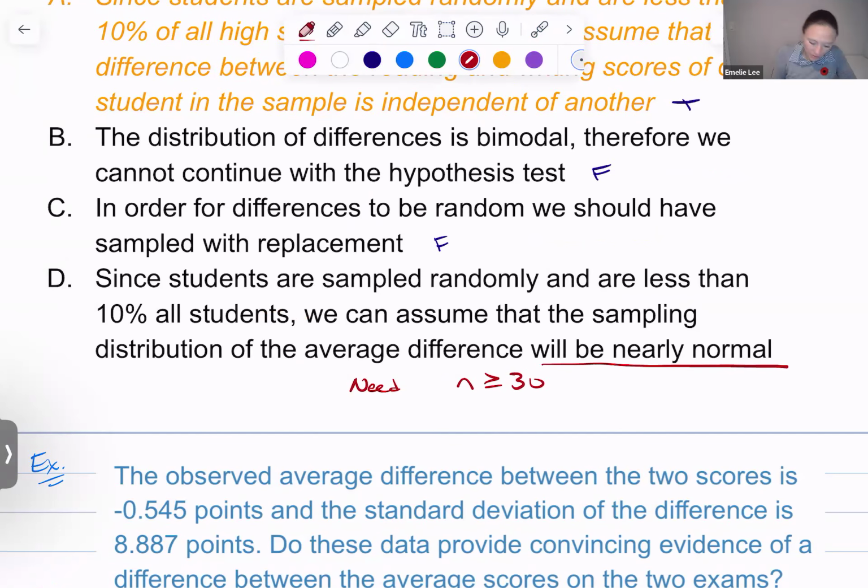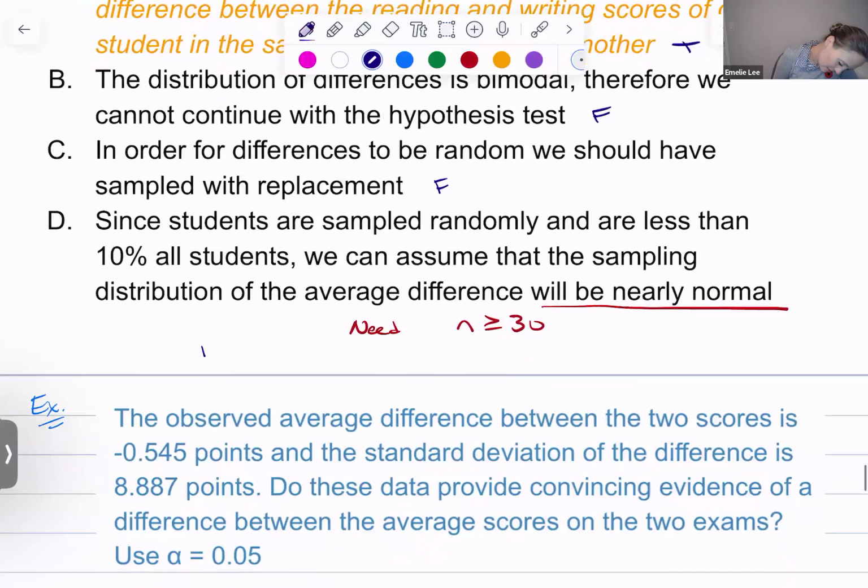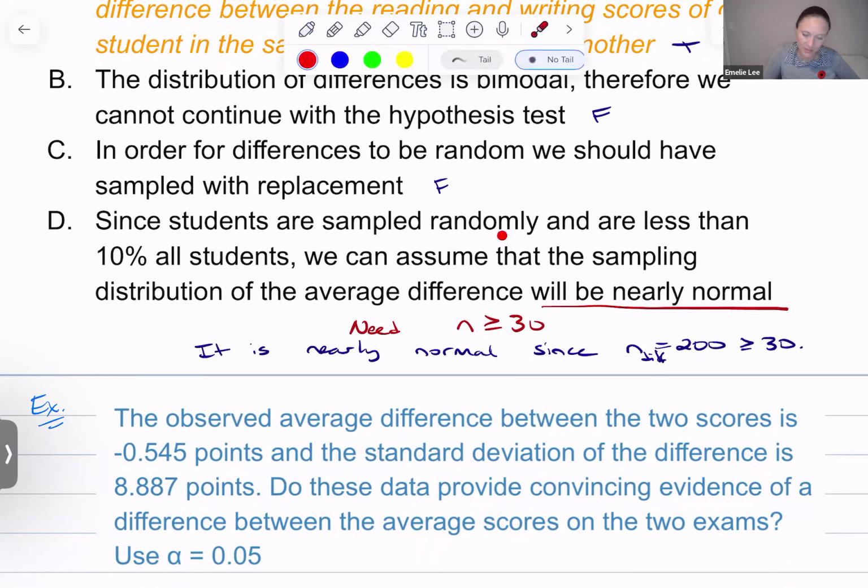It is nearly normal since n diff equal to 200 is greater than or equal to 30. So then we can assume normality. And so that's why. It's not because they were sampled randomly. Nice.